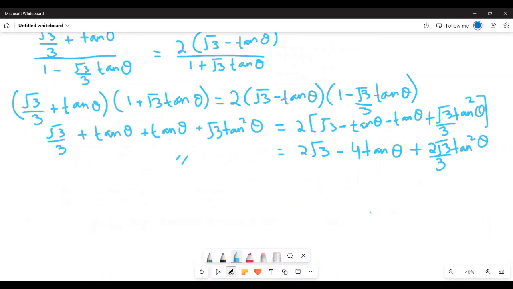Okay, now let's bring everything to the same side. I'm going to bring the left hand side to the right hand side. So we get square root of 3 minus 2 by 3 square root of 3 bracket tan square theta.